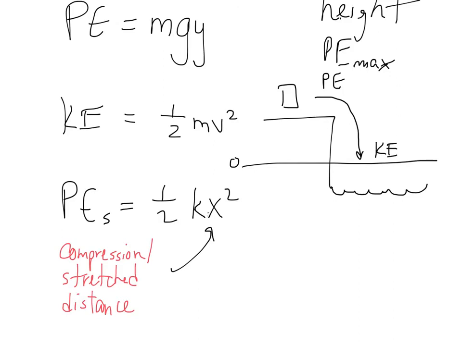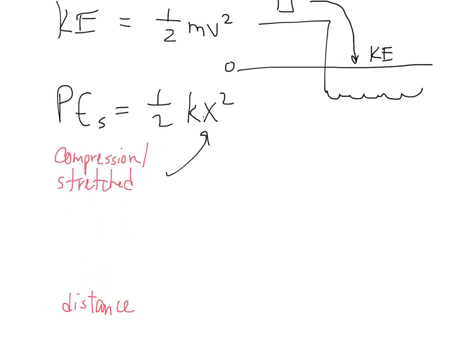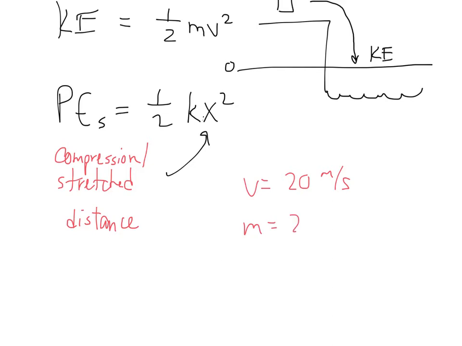Let's do a problem of that mathematically. Okay, let's do a problem of that. We'll go back to KE in a second. So let's say the train is traveling with a velocity of 20 meters per second, and the mass of the train is 20,000 kilograms.